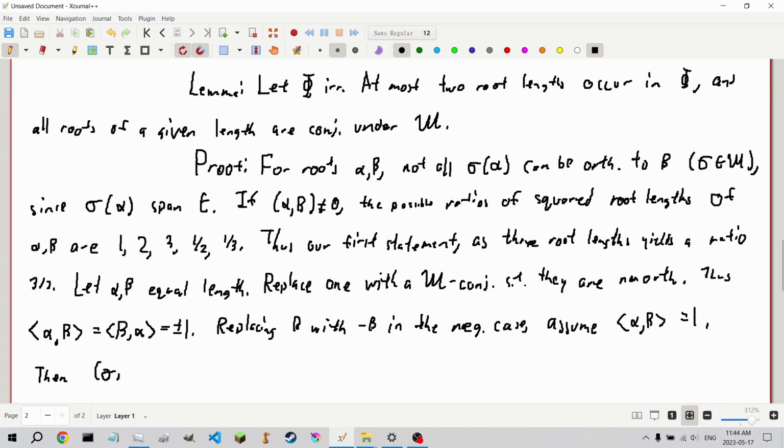Then the composition sigma alpha, sigma beta, sigma alpha applied to beta: sigma alpha, sigma beta of beta minus alpha is sigma alpha of minus beta minus alpha plus beta, which is sigma alpha of negative alpha, which is alpha.